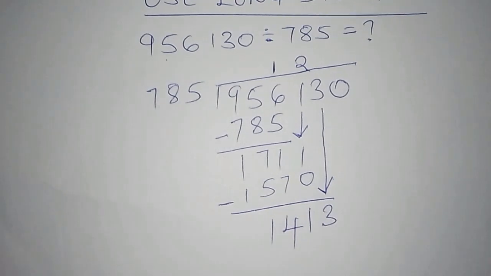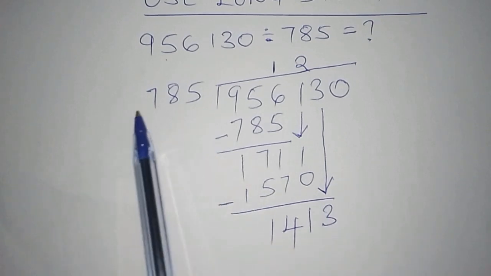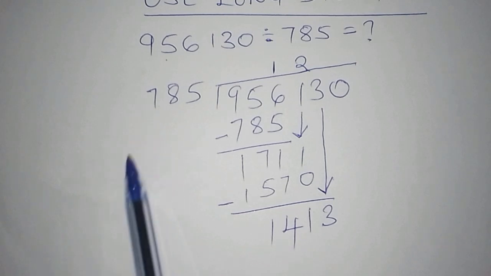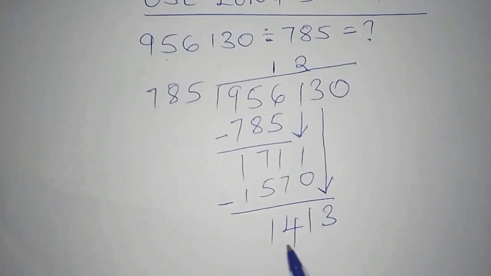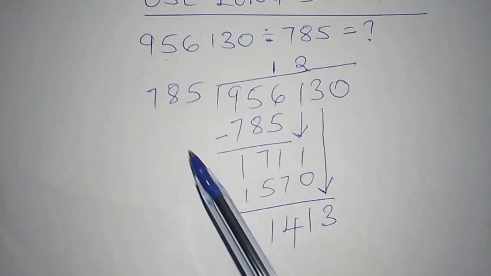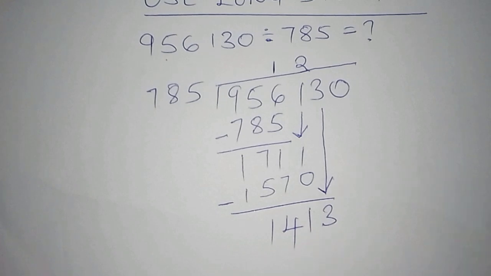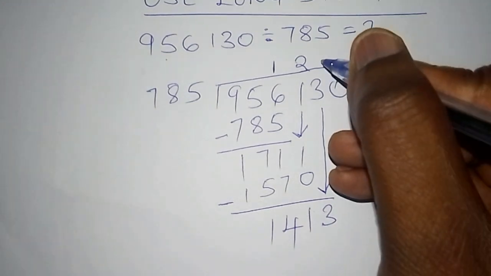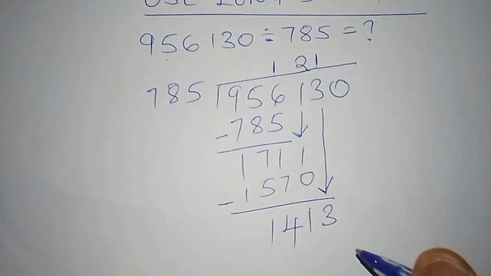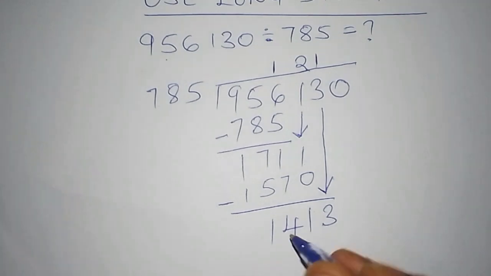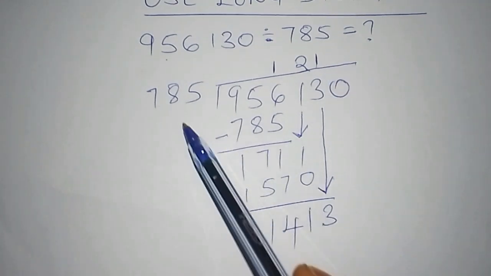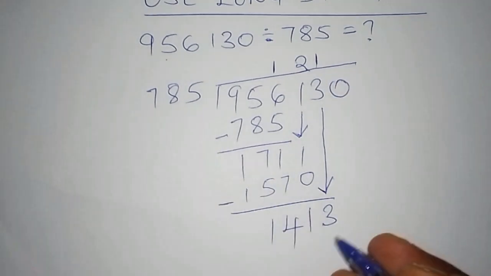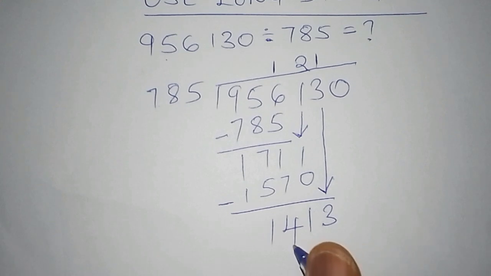Once we drop 3, now we shall have 1,413. Then we again check how many times 785 goes into 1,413. When we check, it goes there 1 time. So here we write 1 above 3. When it goes there 1 time, that brings 1 multiplied by 785, so there becomes 785.